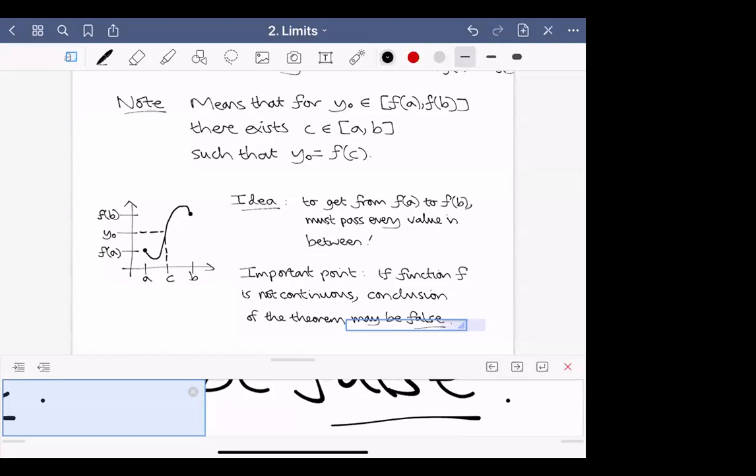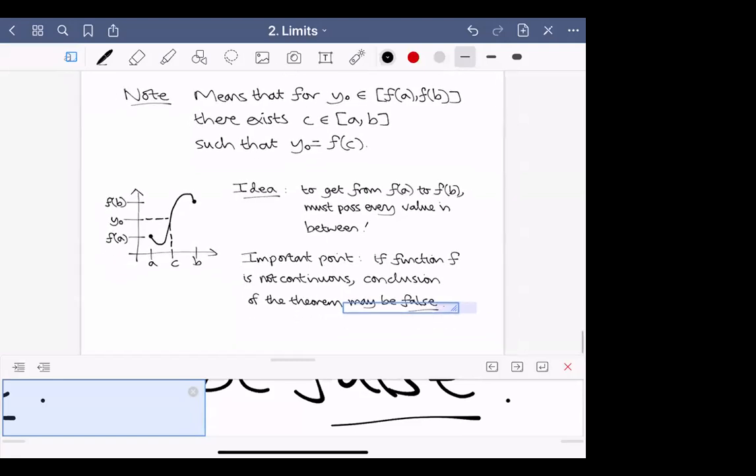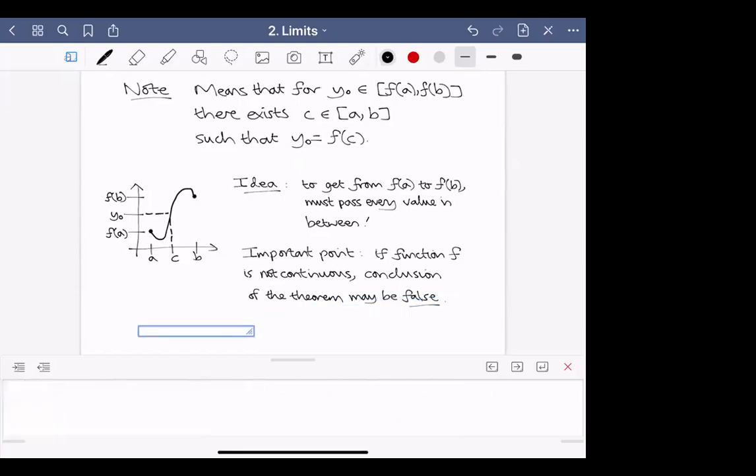And that's because the function does not have to go like it's gone in this graph. The function could be linear between f(a) and f(b). And if I then chose y0 less than f(a), then there would not exist a c like in the theorem. Is that clear?